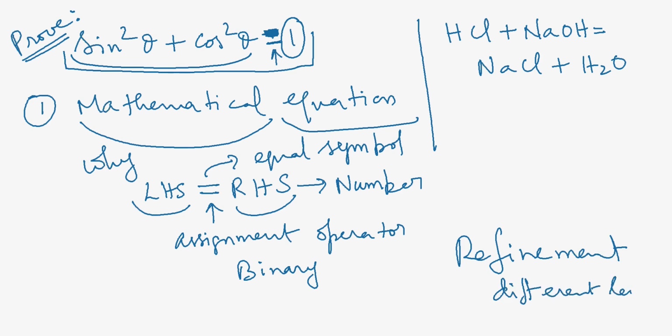That is what we are doing. Level 1 is equation, and then level 2: the equation needs two sides, the left hand side and the right hand side. Then we go to the finer refinement, point number 3, the left hand side, what is that?